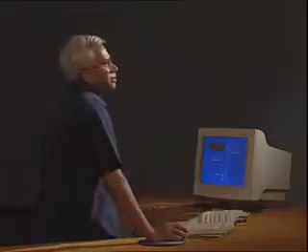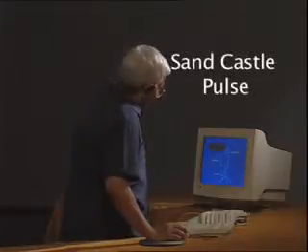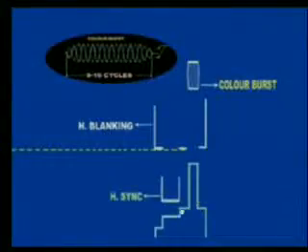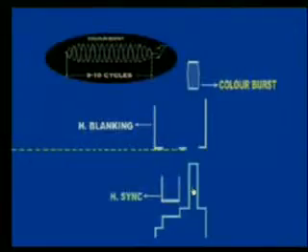Why is it called Sand-Kelsis pulse? If you see the shape, it looks like a castle. It contains the 2.5 microsecond pulse width to knock down the color burst.